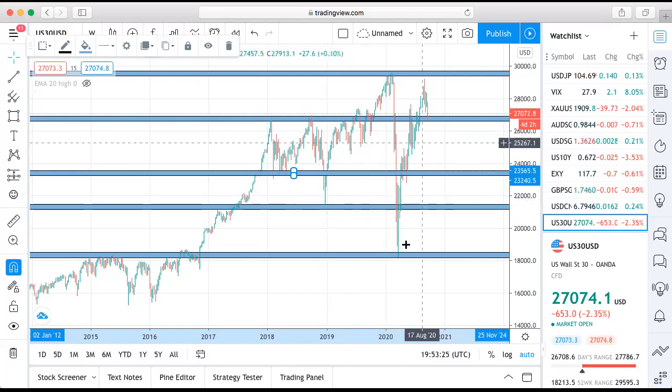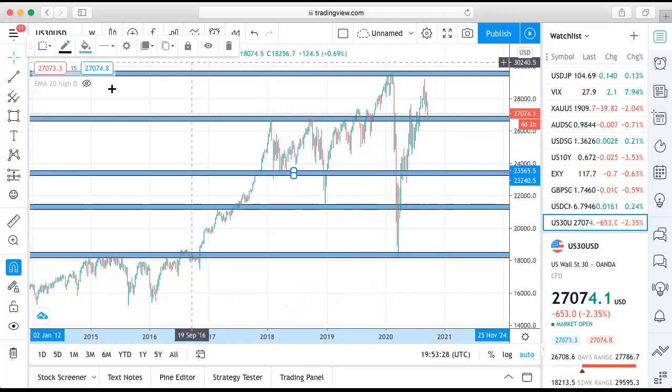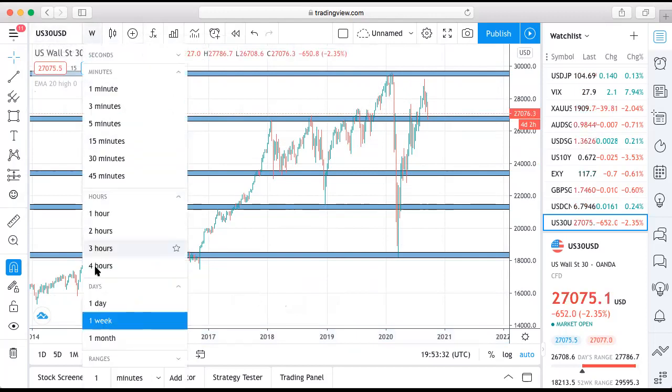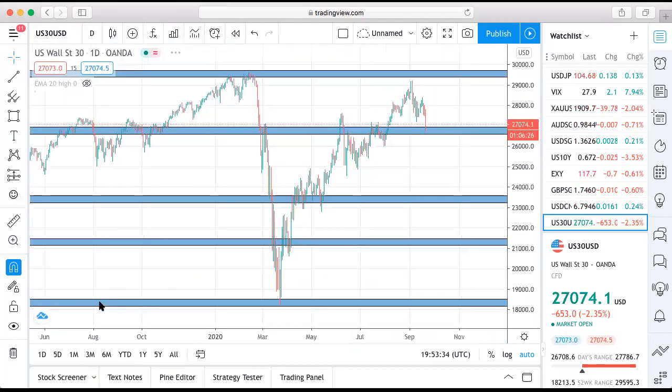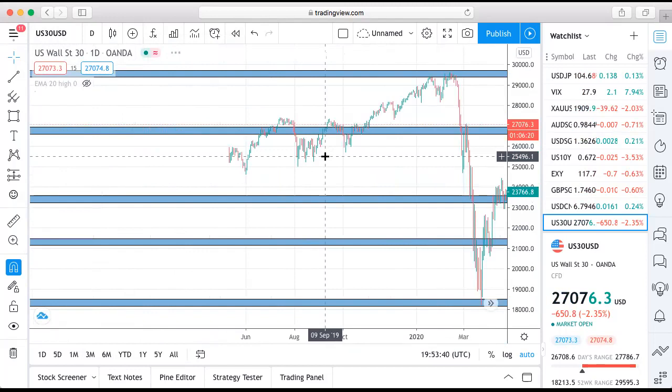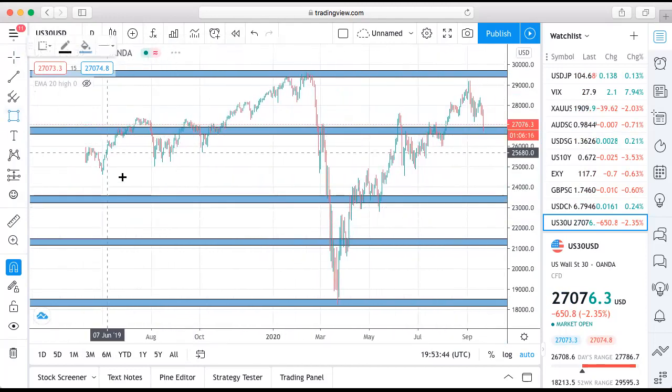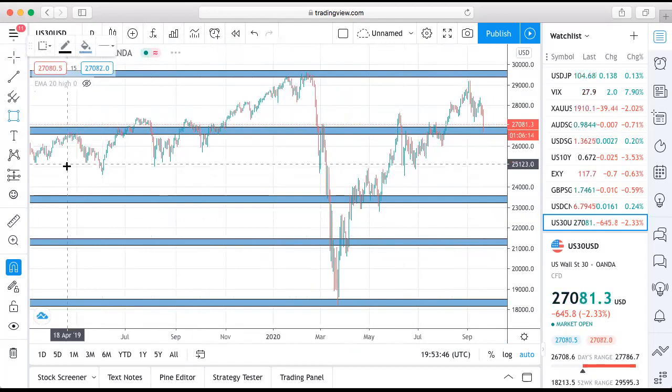So the next thing I do is go on the daily, or on the one I want to look for minor support, minor resistance. Okay, now on this time frame, this is what I have. So I could just pick another rectangle and I could say, okay, I have some minor zones here.